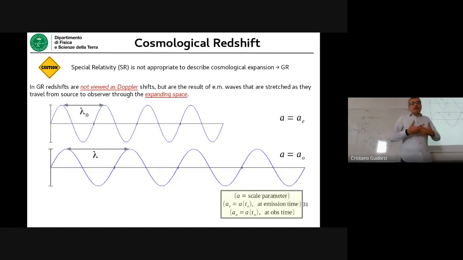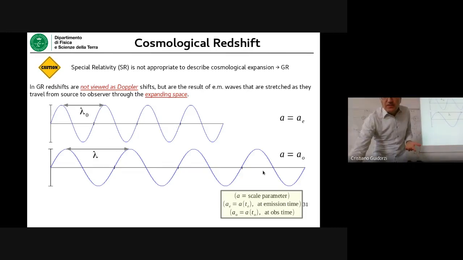It is usually denoted with the letter A. So let's suppose that at some point a galaxy emits a photon, and this photon has a wavelength lambda 0, and the scale parameter of the universe at that very moment, at the emission time, is AE. So AE is nothing but the scale parameter of the universe at the emission time of this photon.